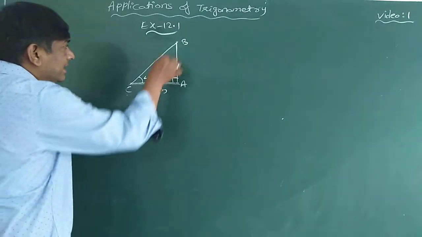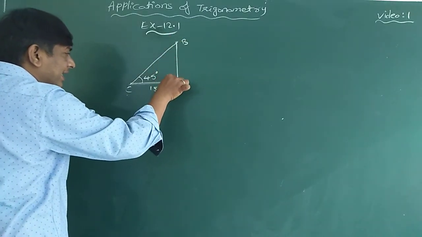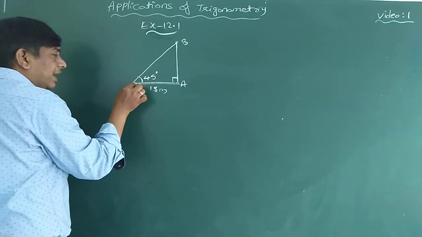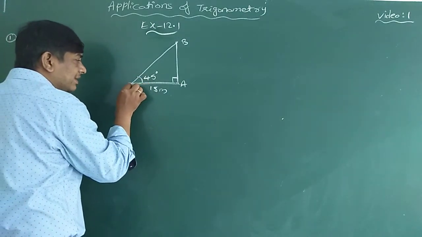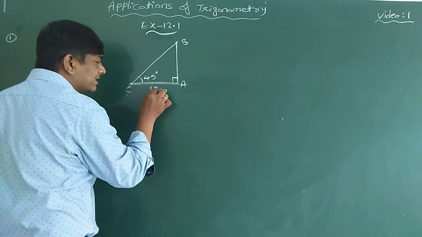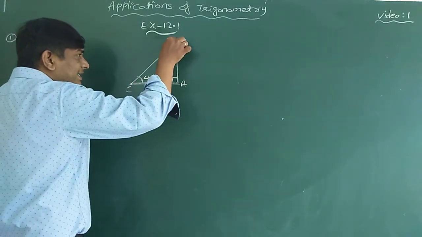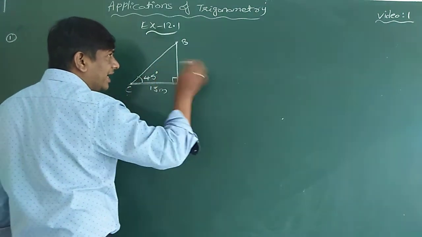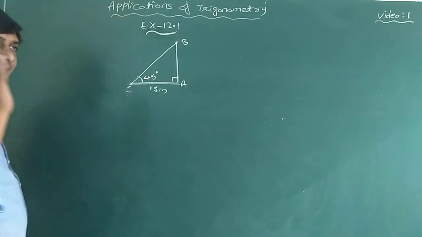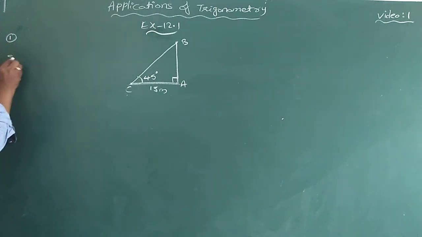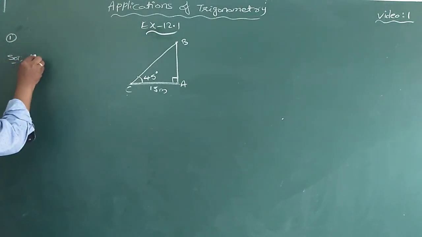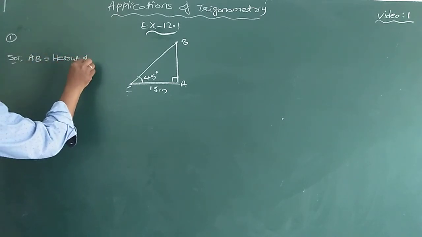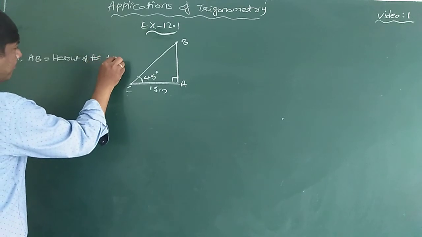They are not asking for the line of sight; they are asking for the height of the tower. The angle of elevation is here, and the side connecting to this angle is the adjacent side, and they are asking for the opposite side. The adjacent and opposite relation is in the tan function. First write the information. AB is the height of the tower, which I have to find.